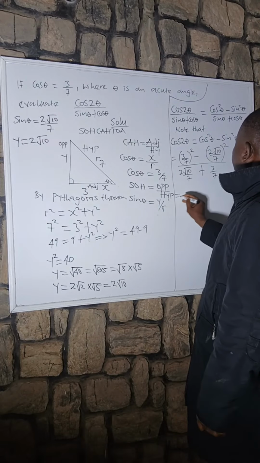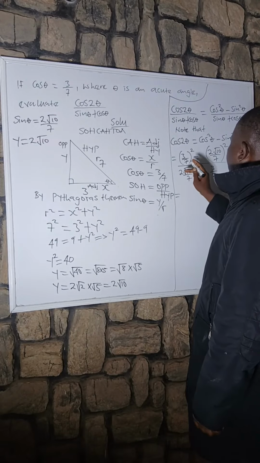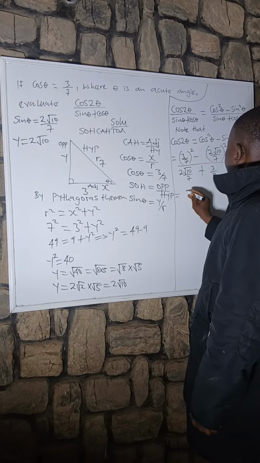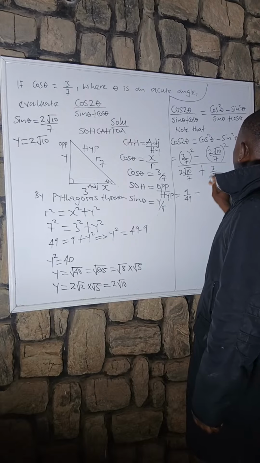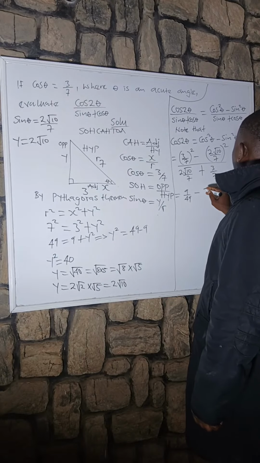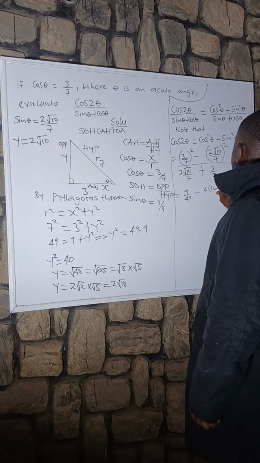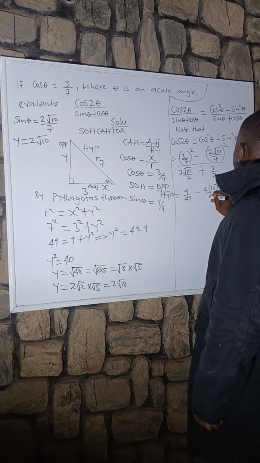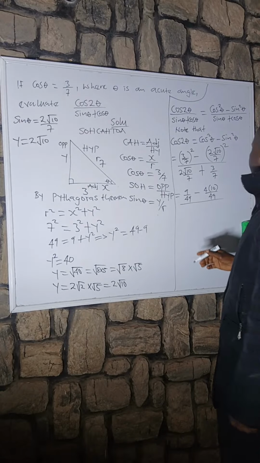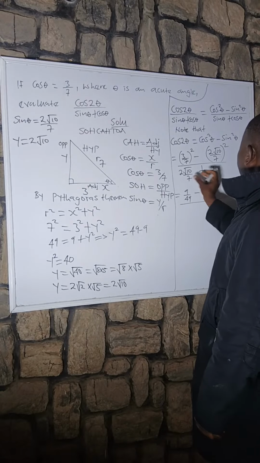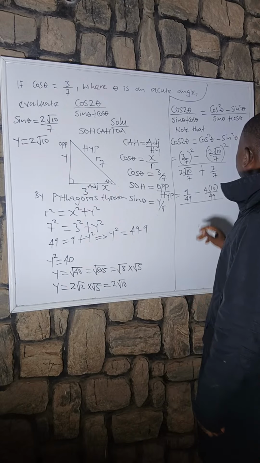here we are going to have 9 all over 49, then minus here 4 open bracket 10 all over 49. I know some of you will ask how do we have the 10. Then here we take the LCM, true or false?